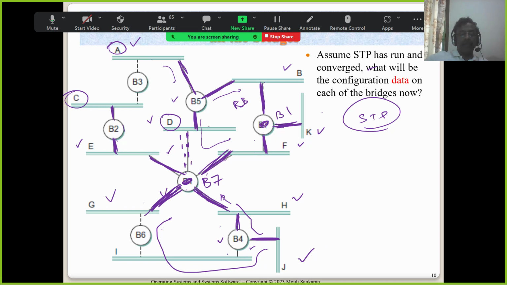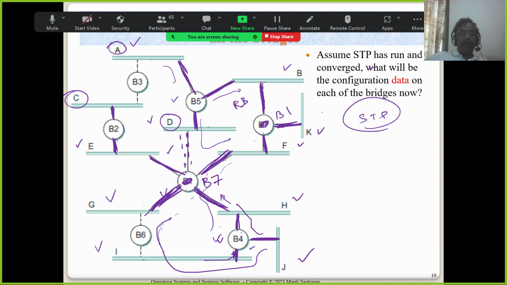So J is taken care of. Now only I is left. I can either connect to b6 or b4. Again, because b4 is shorter, I would prefer going here, because this is also two hops, this is also two hops. So I also will be like this.